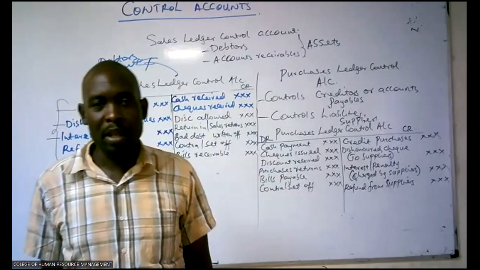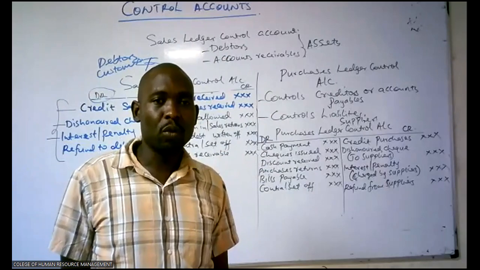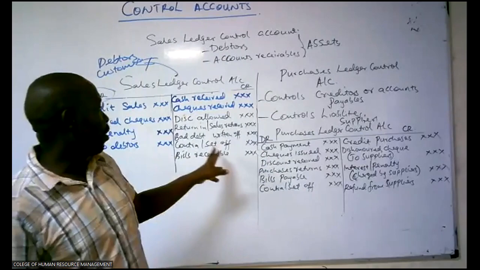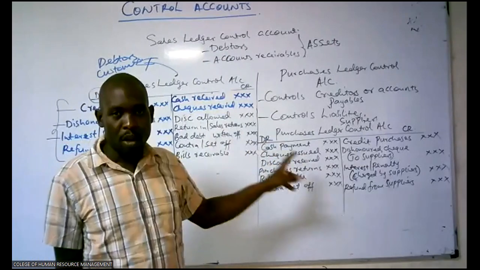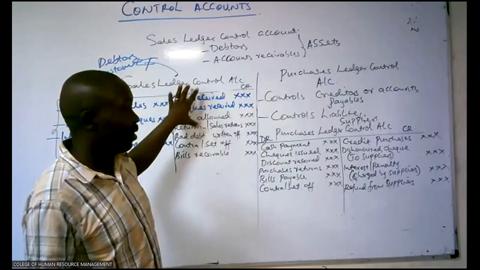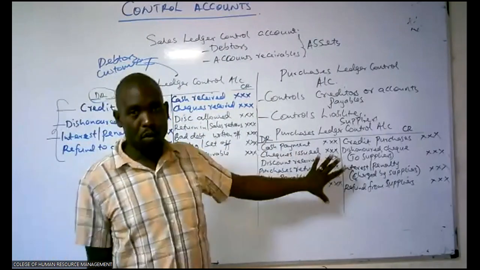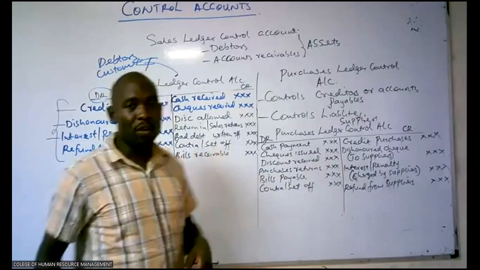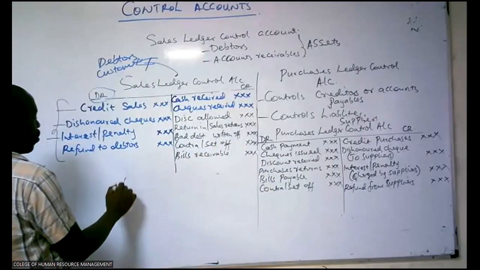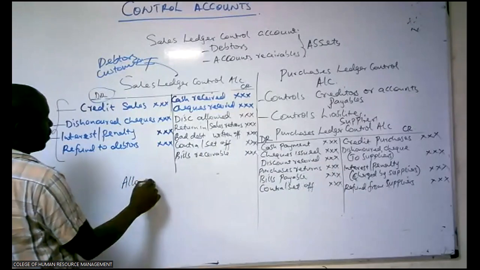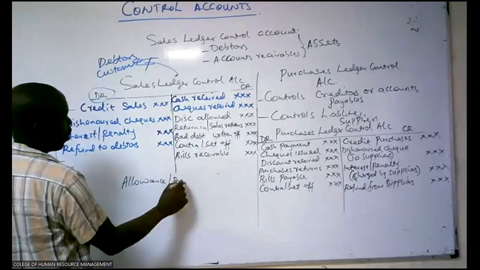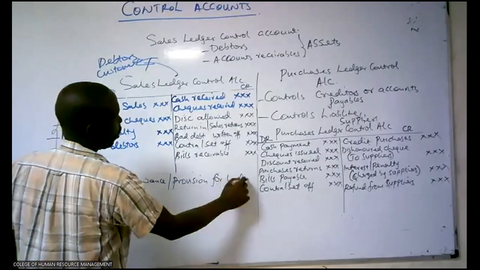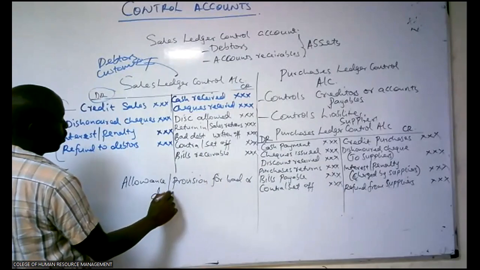They will run away with your money. The moment you are now so sure that you are not going to receive a certain amount of money from your debtors, we normally call them bad debts written off. So they will only be on the sales ledger control account. It is not going to be the purchases ledger control account. But in some cases, you can find the examiners giving you another one we call the allowance. Sometimes we call provision for bad or doubtful.